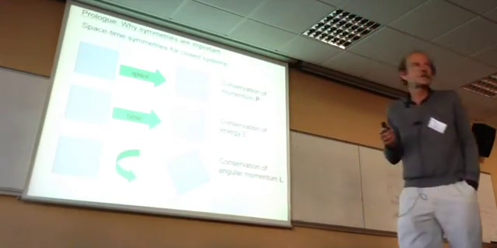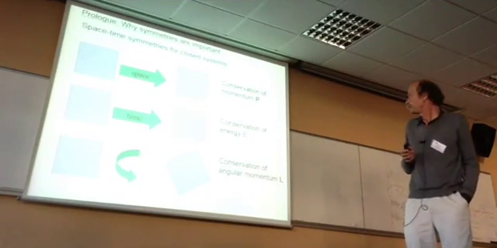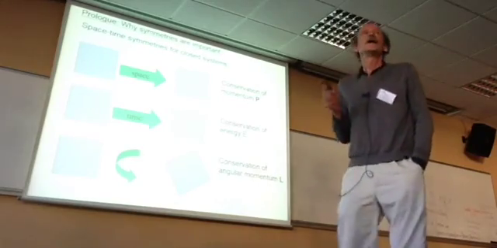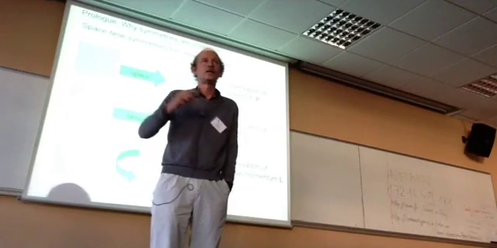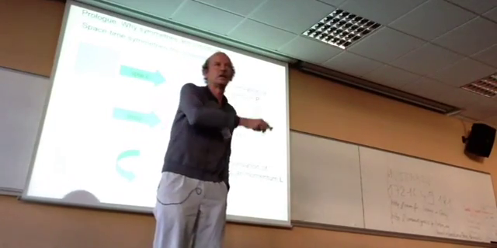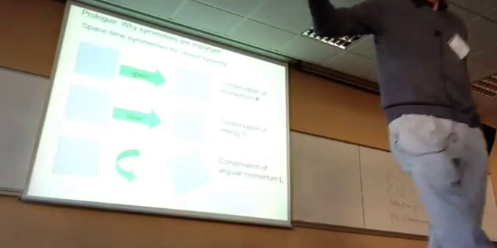Because of this property, we have the conservation of momentum, P. At the same time, we would like the physical laws which are valid now to also be valid at the beginning of the universe, or in 1 billion years.